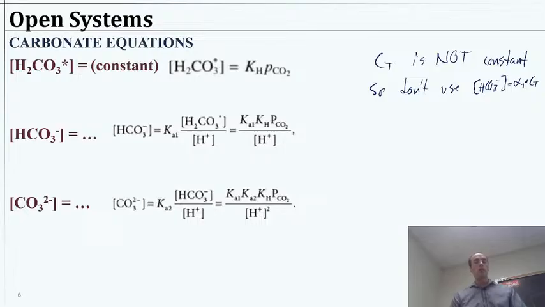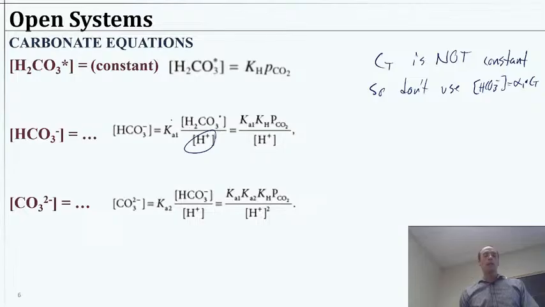All we have to do is rearrange it a little bit to say HCO3 minus is equal to K1 times H2CO3 divided by H+. Okay, so that's literally just taking products over reactants. We multiplied everything by the H2CO3 and divided everything by the H+, so we isolated HCO3 minus. And there we have it.